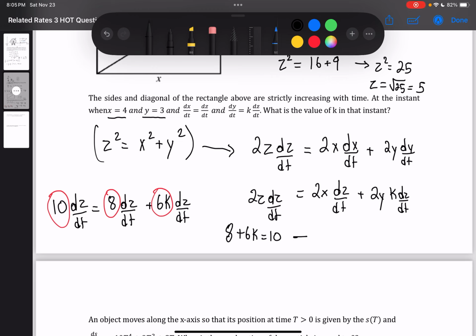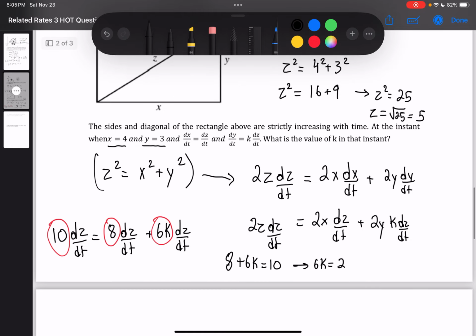So 6k is equal to 10 minus 8, which is 2. So K is going to be... hold on, the pen stopped working.